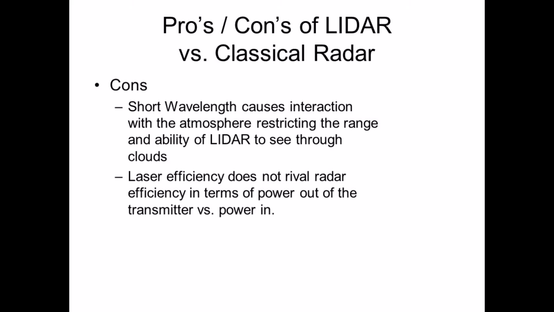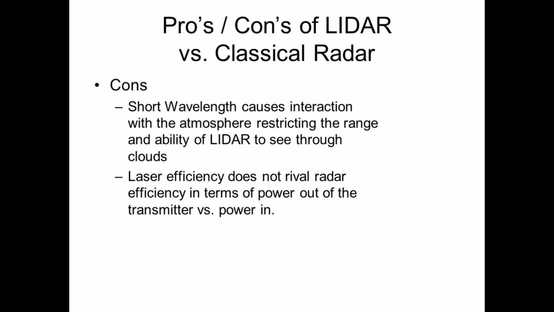Cons of laser radar really focus again on the interaction of the laser radar with the atmosphere. One of the main cons of laser radar is, again, because of its short wavelength, it's more likely to interact with particles and constituents of the atmosphere, which can be a pro if you want to sense those things.